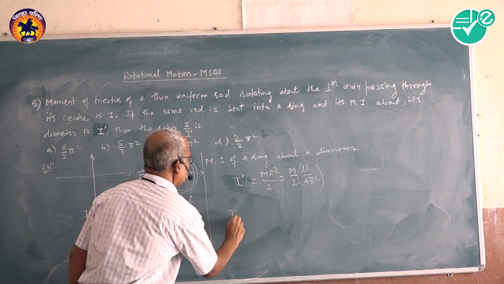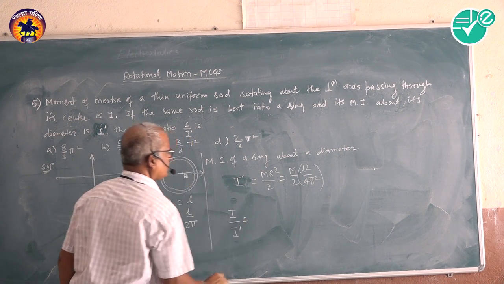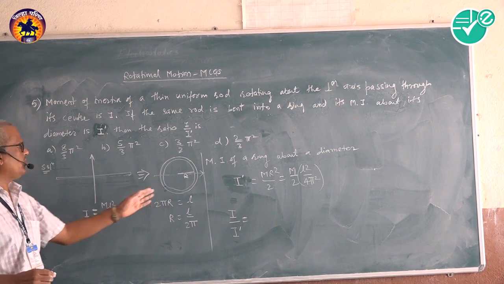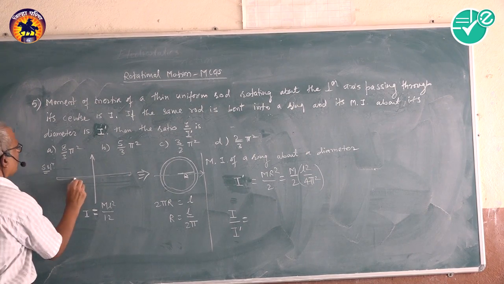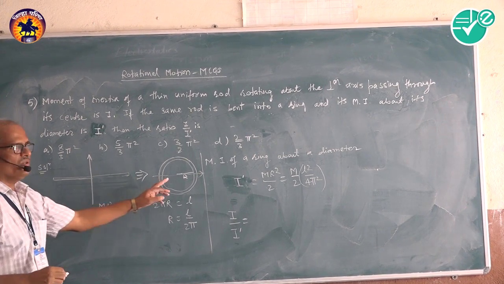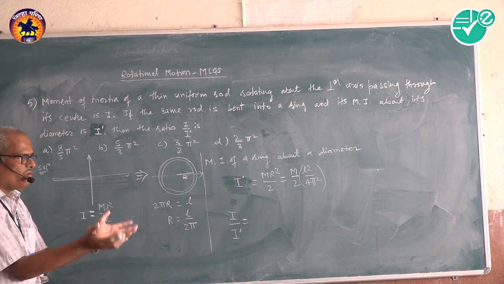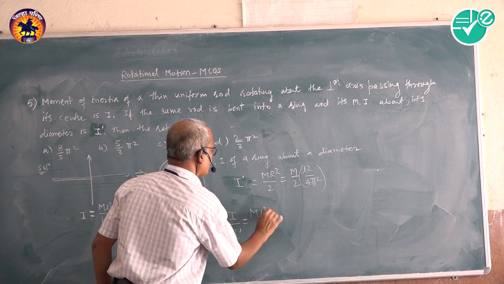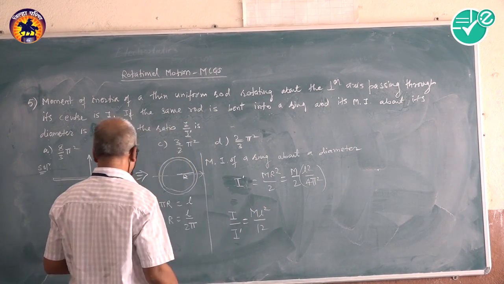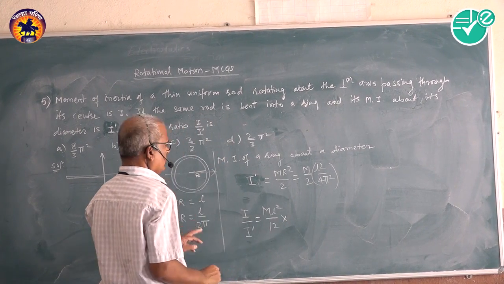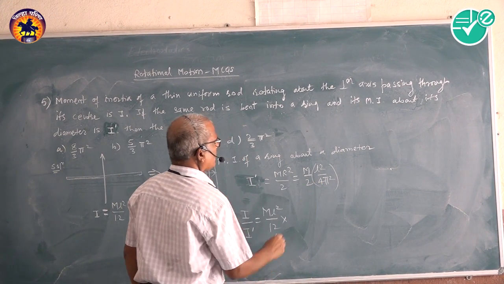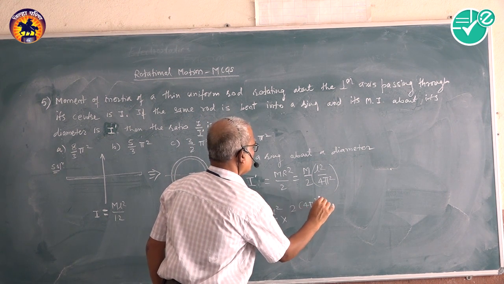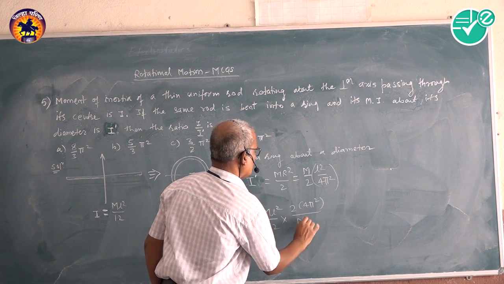So take the ratio, that is I upon I dash. Mass is same in this case. In this case also the mass is same, because the mass of the rod and mass of the ring are the same, because the rod changes into the form of a ring. So put the value of I, m L square upon 12, into this value, that is 2 into 4 pi square upon ml square.